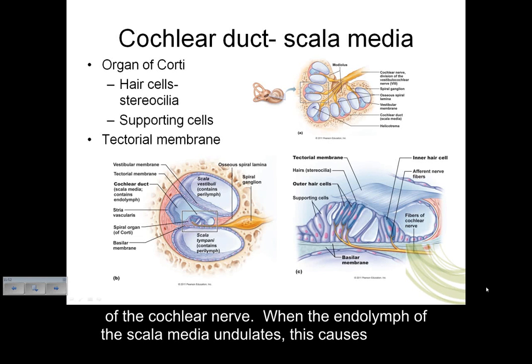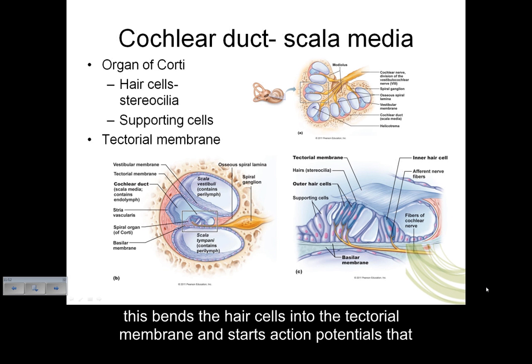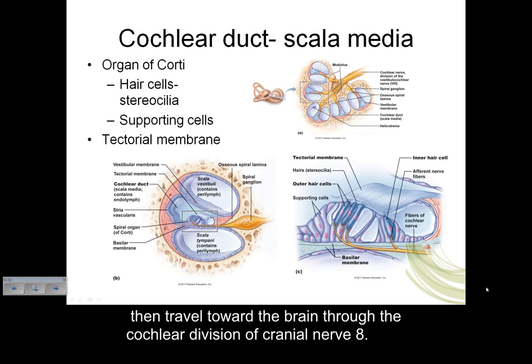When the endolymph of the scala media undulates, this causes the basilar membrane to move up and down in a wave-like fashion. This bends the hair cells into the tectorial membrane and starts action potentials that then travel toward the brain through the cochlear division of cranial nerve 8.